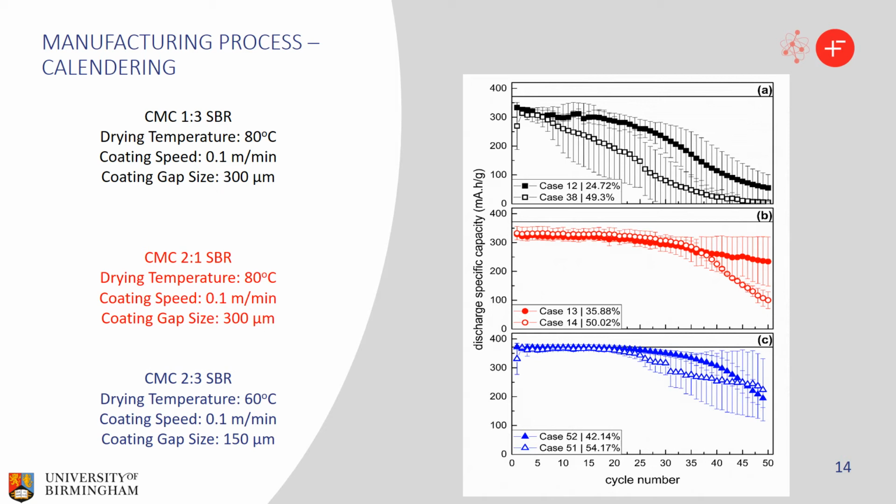Calendaring significantly improves the cycling behavior, and also as a percentage within the graph, you can see the porosities. And the higher the porosity difference between the calendared and non-calendared electrodes, the greater also the cycling performance.